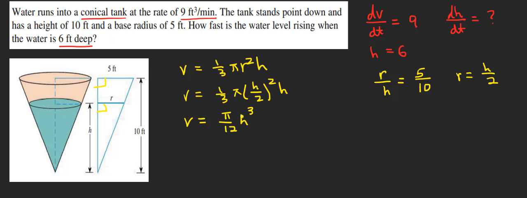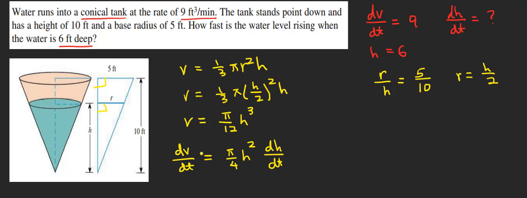Now, make sure that this is in terms of h, because our goal is to find dh/dt. If you wanted to find dr/dt, you would probably want to write this in terms of r. Now let's take the derivative with respect to time. You get dV/dt is pi over 4 h squared dh/dt.